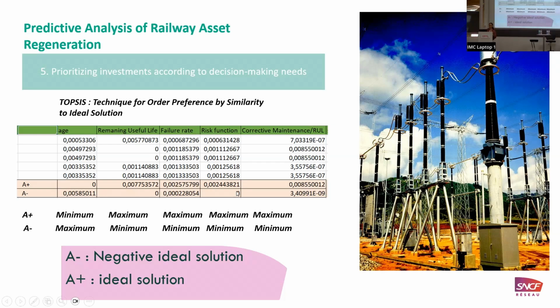So here, to calculate the best solution, it's the I plus, and it's the minimum of the age. We said that it's the best solution. So it's the minimum of age, the maximum of remaining useful life, maximum of failure rate, of risk function, and the ratio.